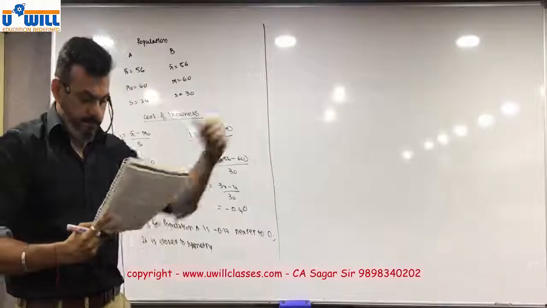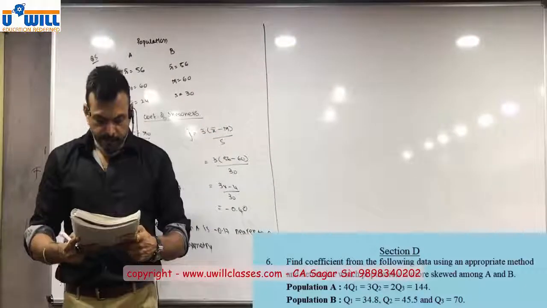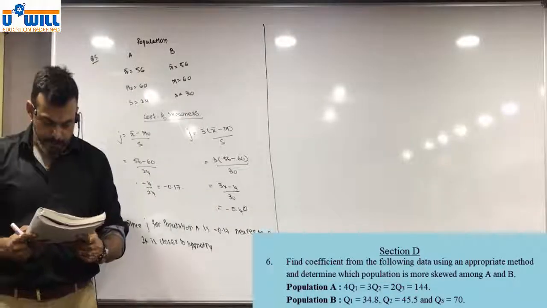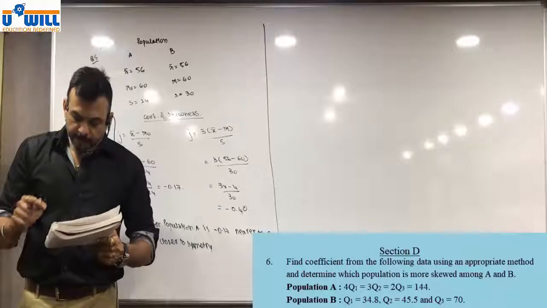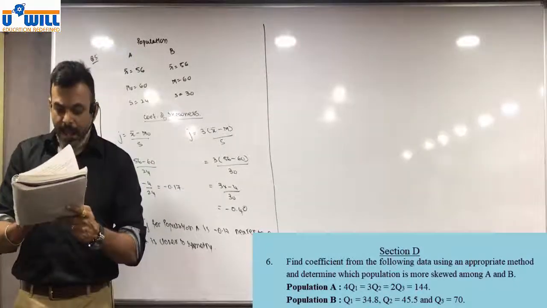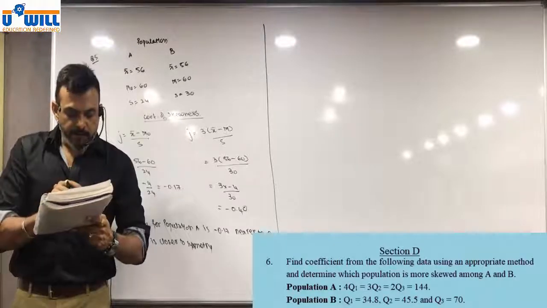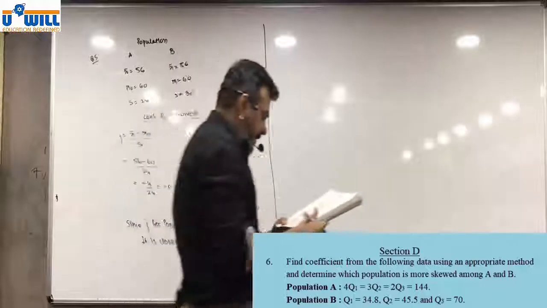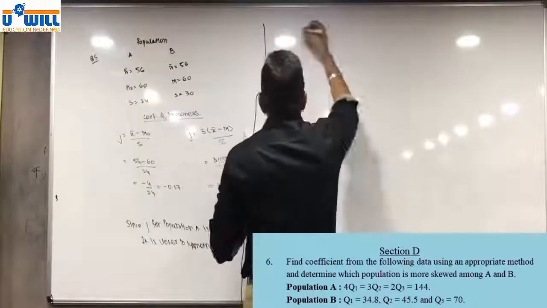Question number 6. Find the coefficient from the following data using the appropriate method and determine which population is more skewed among A and B. Now mark this, it is important. Let's write the information first.